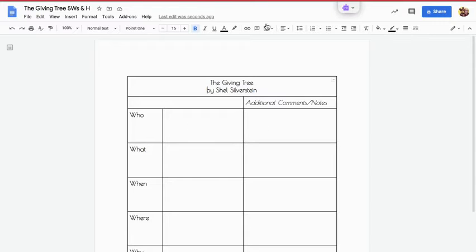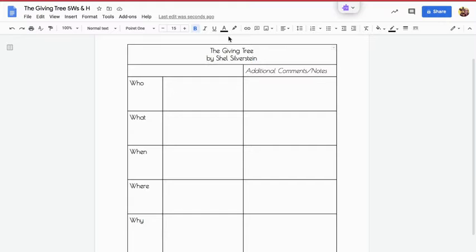So, as we spoke about in our previous slideshow, the 5 W's and the H are who, what, when, where, why, and how. So as we read this story, we are going to type the who in the story, the what, the when, the where, the why, and the how. Now, I don't expect you to get everything perfect.